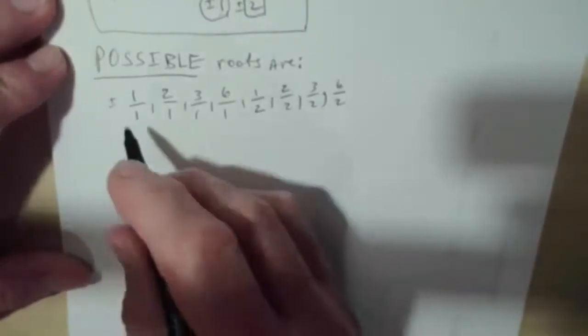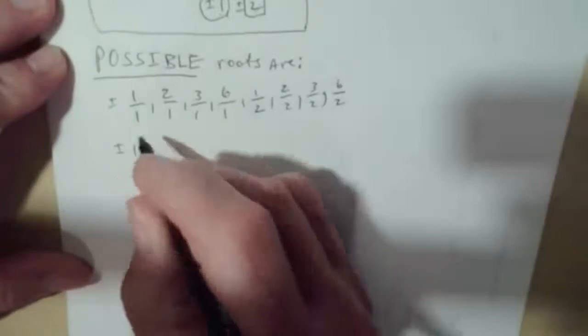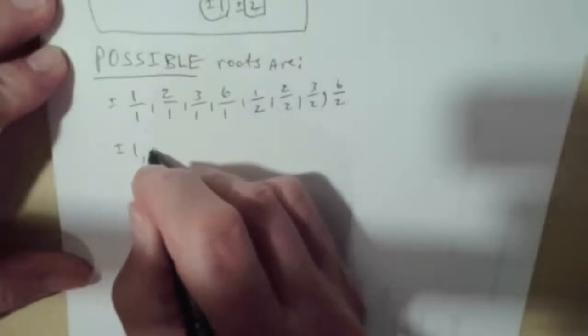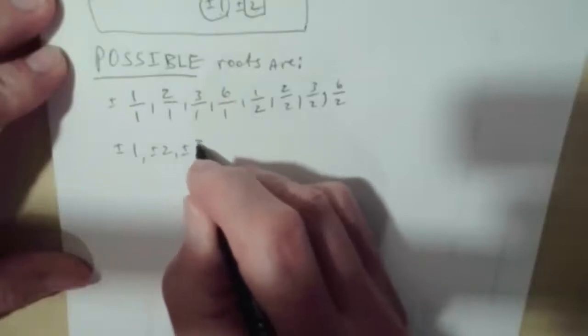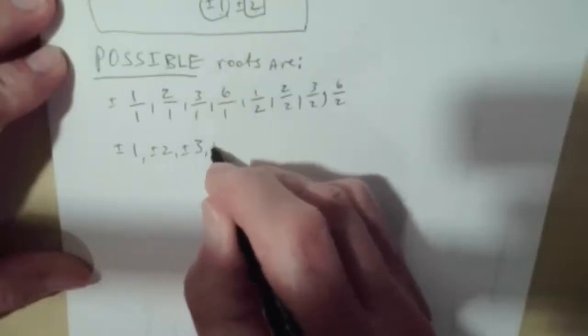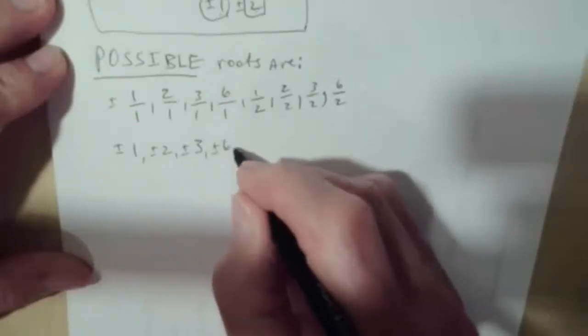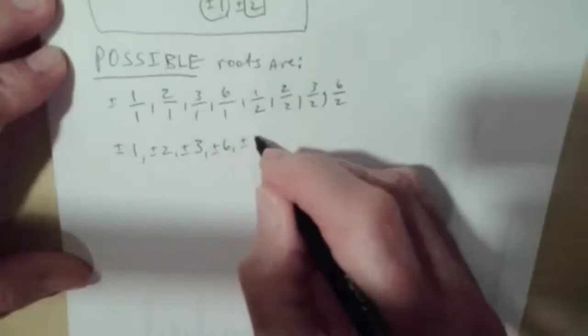So we have plus or minus 1, plus or minus 2, plus or minus 3, plus or minus 6, plus or minus 1/2.